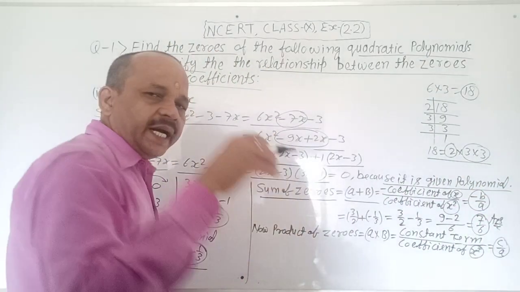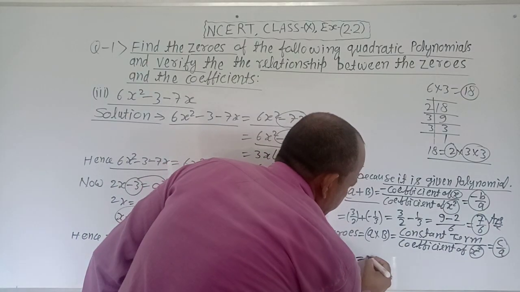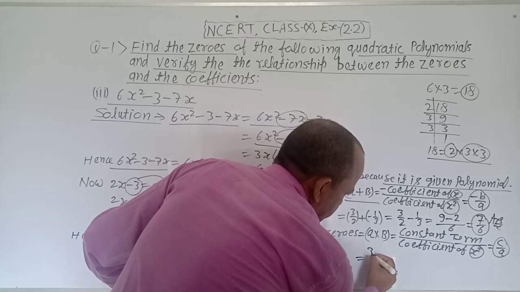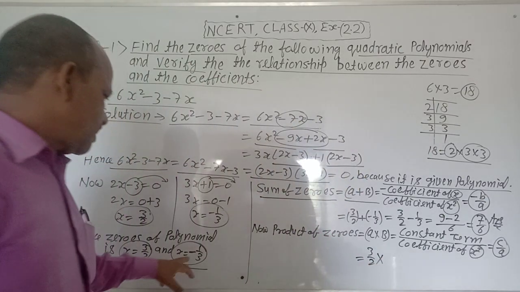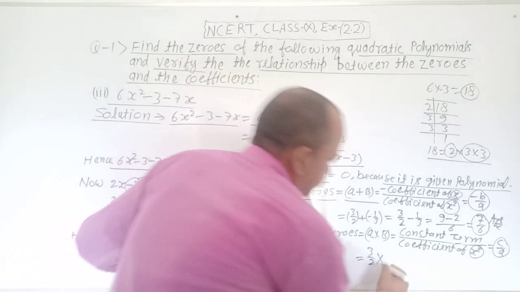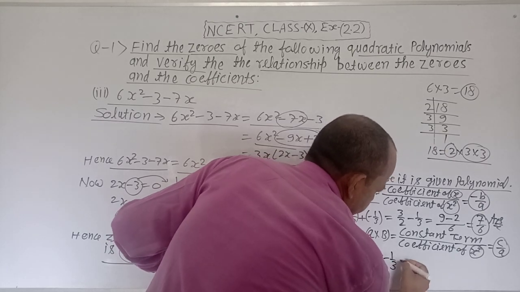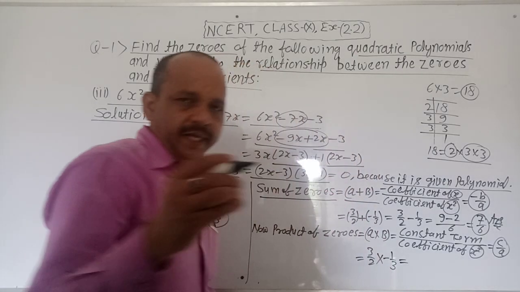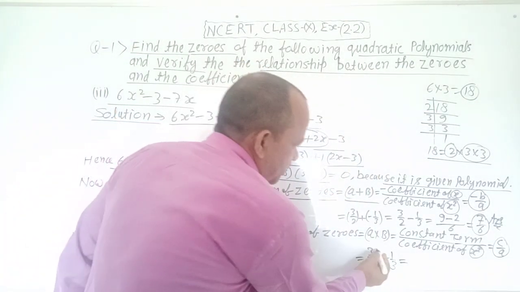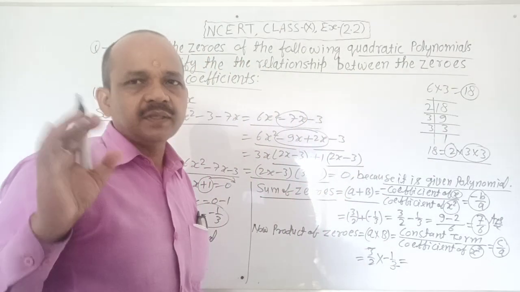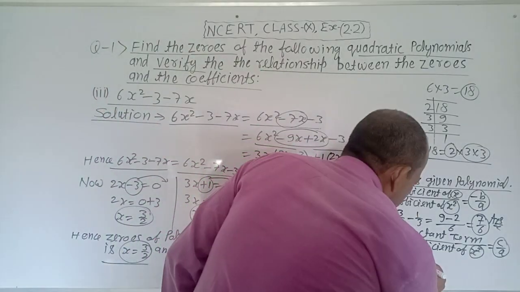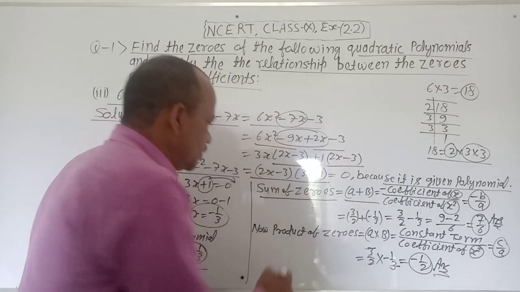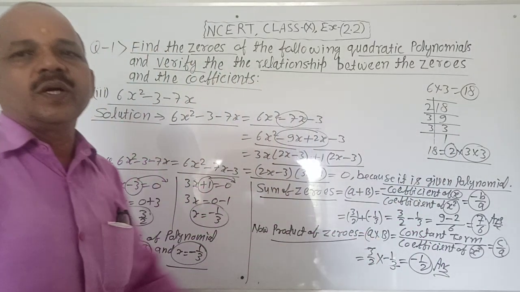Now you can write it: 3 by 2 multiply minus 1 by 3 equal to 3 times 1 over 6. Or you can cut 3 and 3. Clear? It becomes minus 1 by 2 answer. You find your answer -1 by 2.